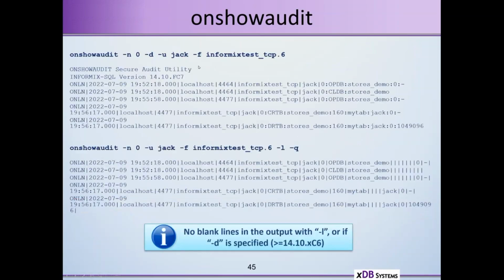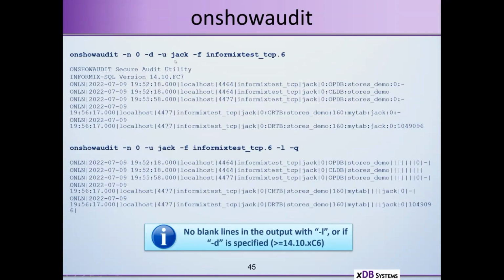Here's some examples. Here I'm using onshowaudit for events by user Jack, and we see how the event specific fields in the last field are separated by a colon. If we use -L, then those same values have pipe delimiters, so it's easier to parse, easier to load.